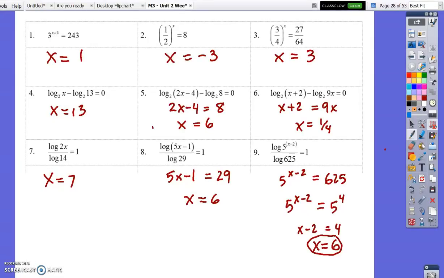Okay, so here are the answers to our warm-up, and I didn't show my work on questions 2, 3, 4, or 7. 4 is really straightforward. 7 we did on the previous page, and 2 and 3 I was able to figure out by looking at the problem. So I did show all the work I did. But you'll notice on number 5 that I showed the statement I came up with after moving this log to the other side, and then not how I got to my answer.